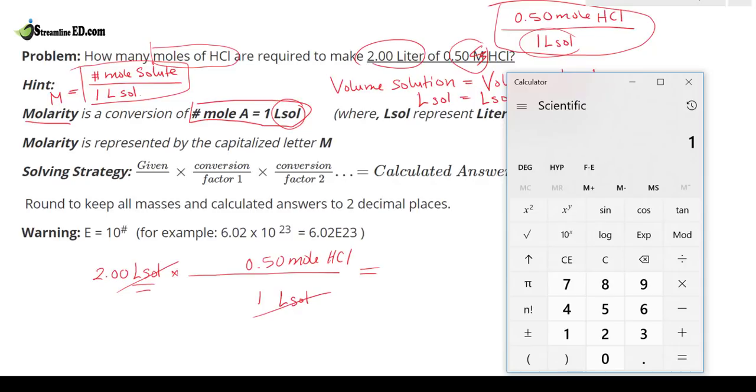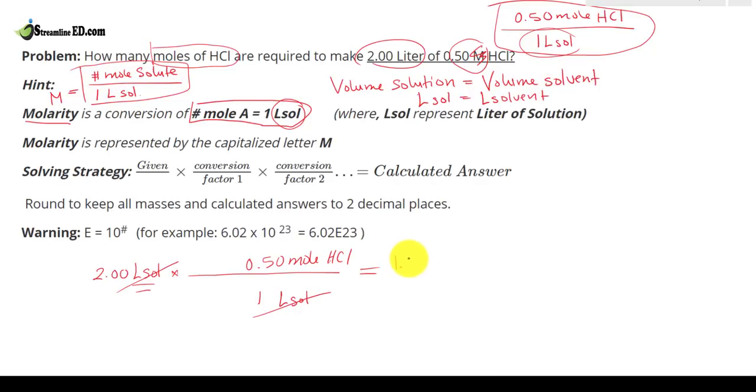And we want to keep 2 decimal places, so it's going to be 1.00 mole of HCl. That is how many moles we need to make 2 liters of solution with 0.5 molarity of HCl.